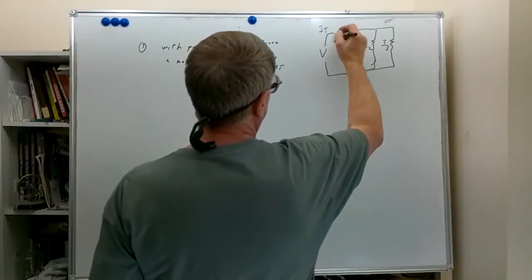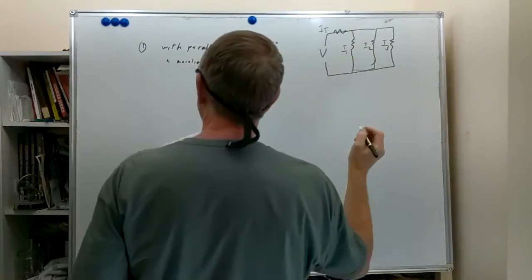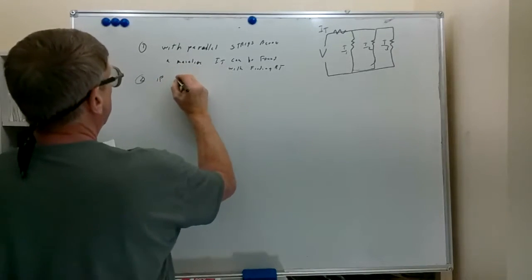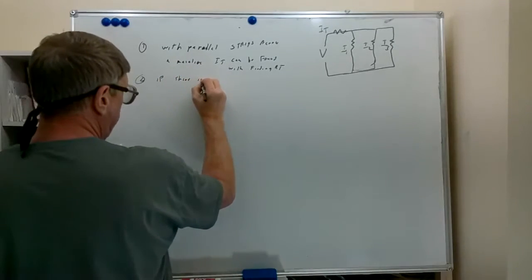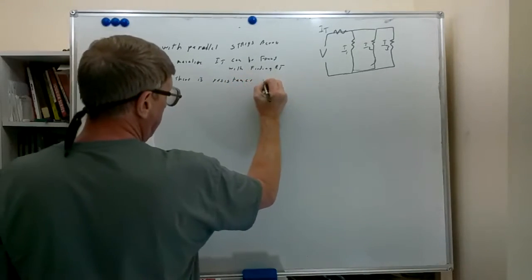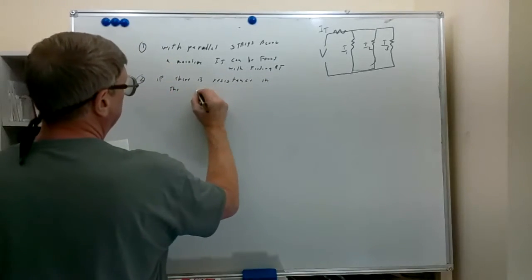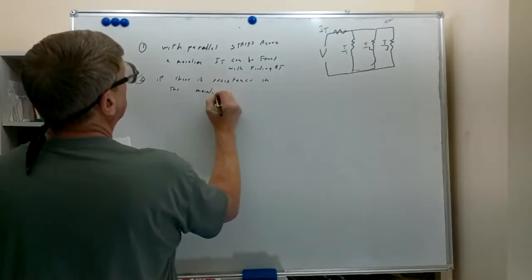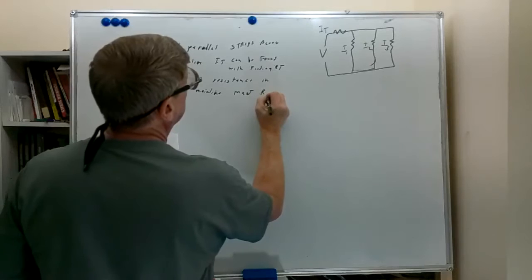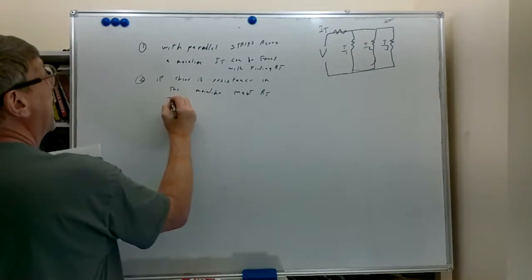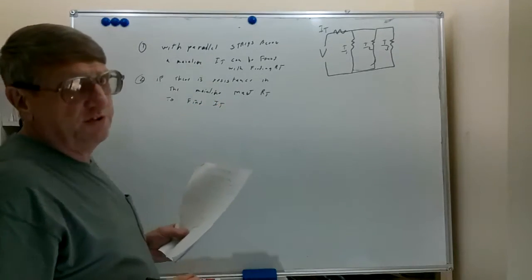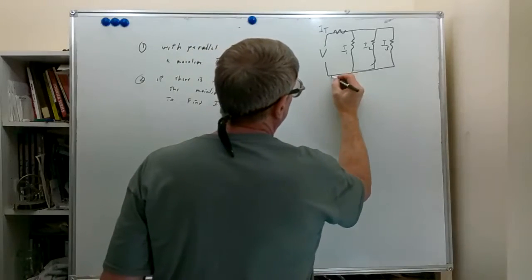Now if we add a resistor here in the main line, if there is resistance in the main line, we must find RT to find IT, which this example we just did was like that, because it basically had two resistors in here.